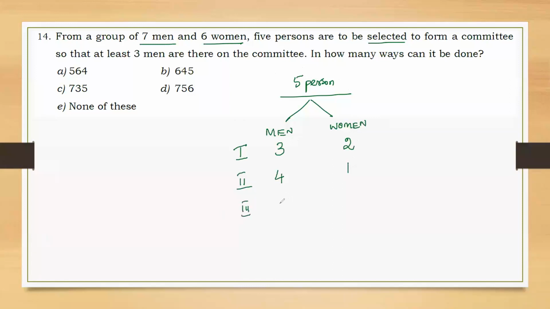Last case, if we choose 5 men, then 0 women are selected.